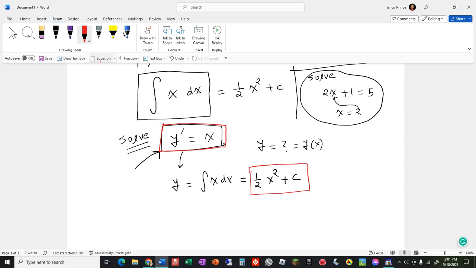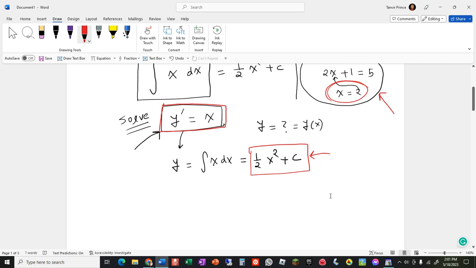Unlike an algebraic equation where you only have one or two solutions in this case. In some algebraic equations, of course, you can have infinitely many solutions. So here you can see that each value of c gives a solution to this differential equation.